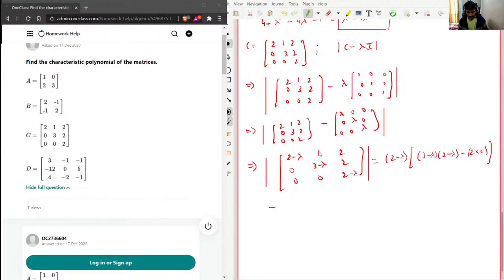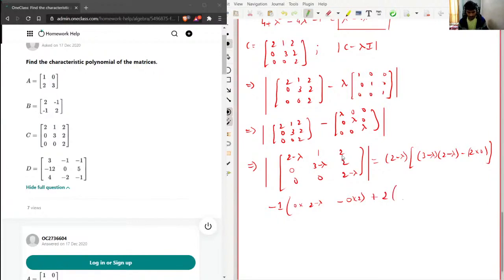For the second one, we just add a negative here, and then this is 1, so I'll just write 1 here. I'll fix the second column and first row. So this will be 0 into 2 minus lambda minus 0 into 2, and again plus the last term is 2.